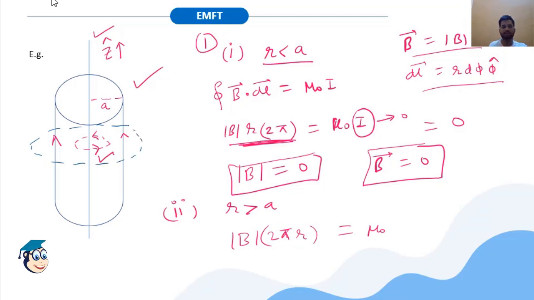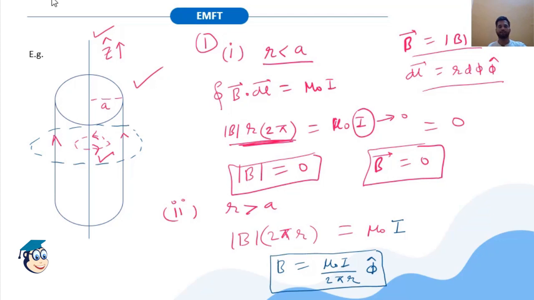Okay, in this case the total current enclosed would be the given current on the cylinder. So let's say it is I. Okay, so now you can write that B is mu naught I over 2 pi r, and its direction would be again along phi cap. So it is the magnetic field outside of the cylinder. Okay, so we have solved both the sub cases of the first case.